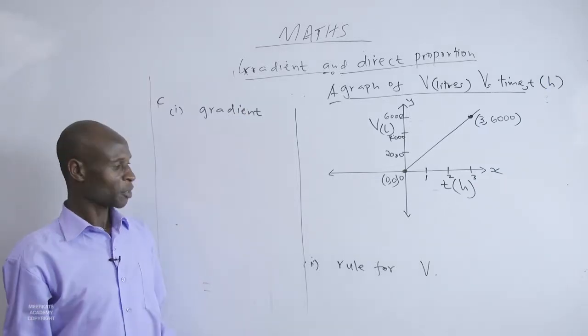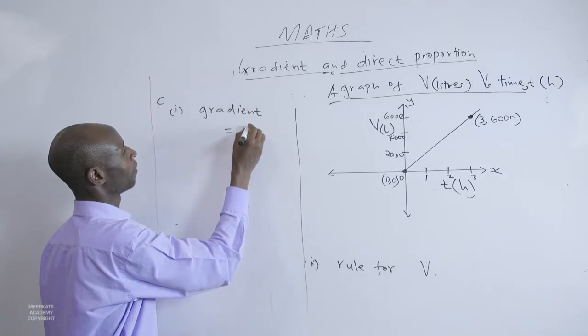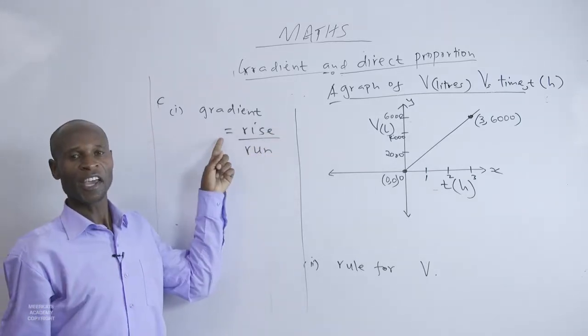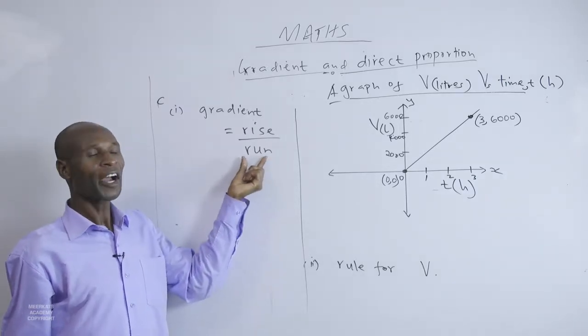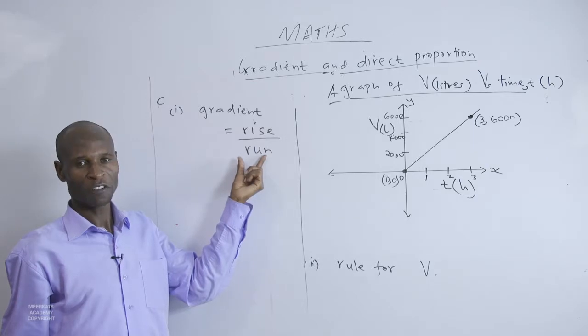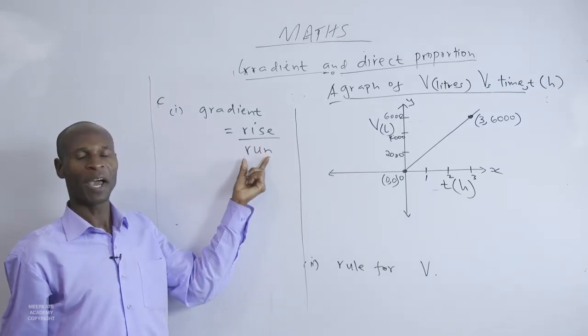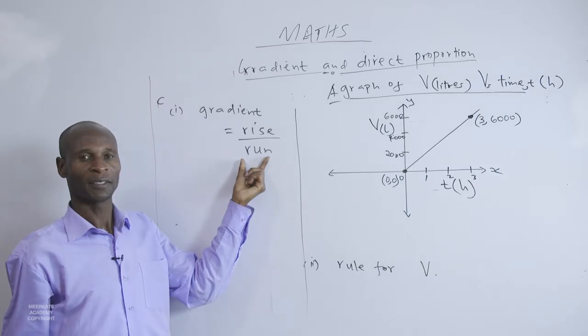Gradient is obtained by taking rise divided by run. The run here is always positive because it's the horizontal movement of the point, the distance moved by the points horizontally.